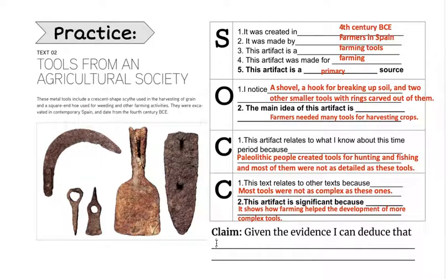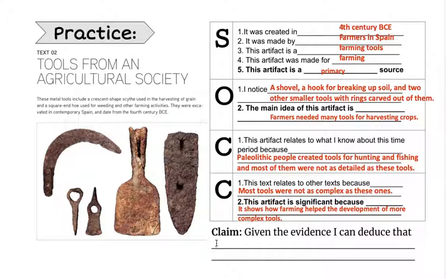So now I'm ready to write my claim. I'm going to combine all the things that I've covered here, and the biggest thing that's standing out to me is that the tools I'm looking at in front of me are much more detailed and complex than the ones that we've analyzed in the past during the Paleolithic time period.